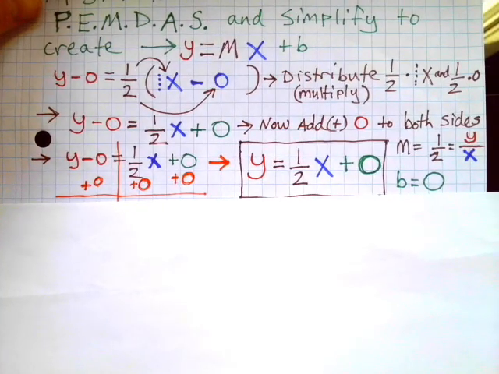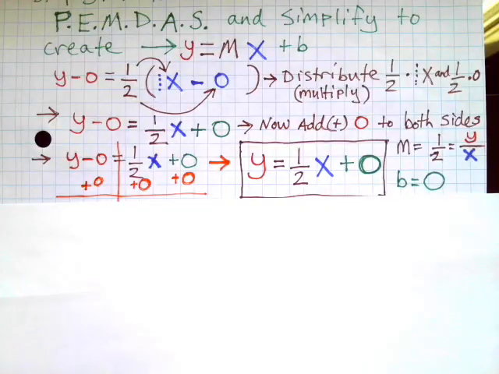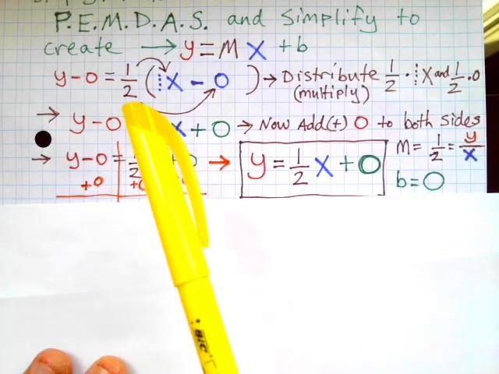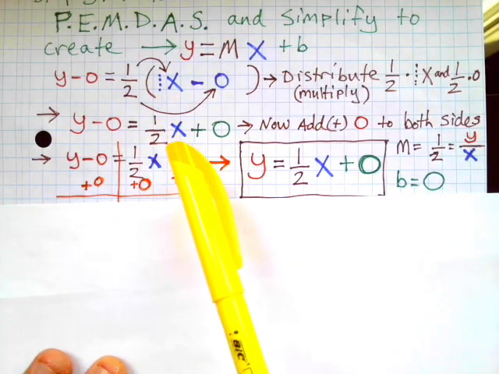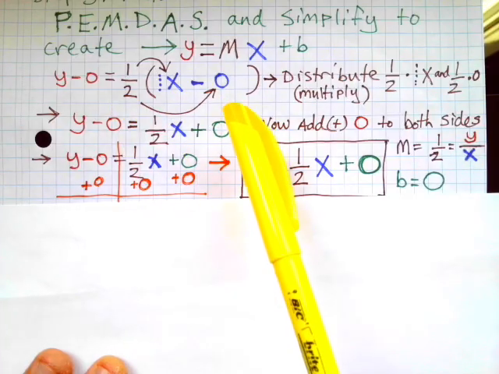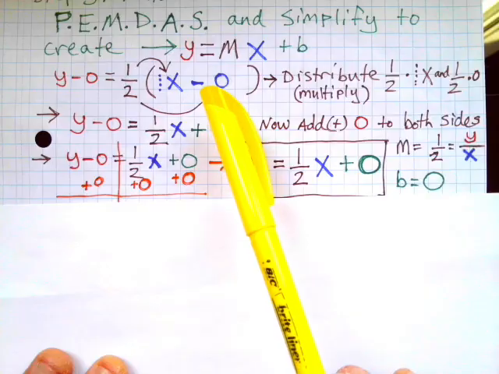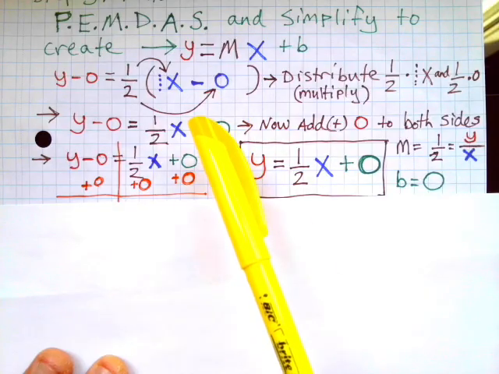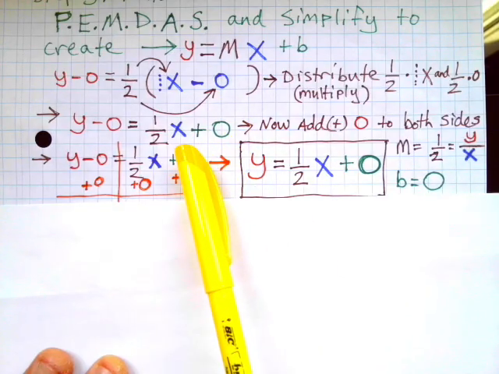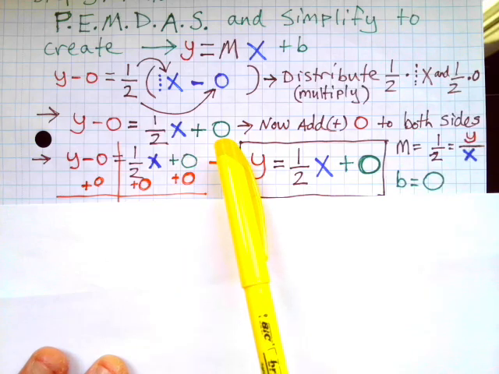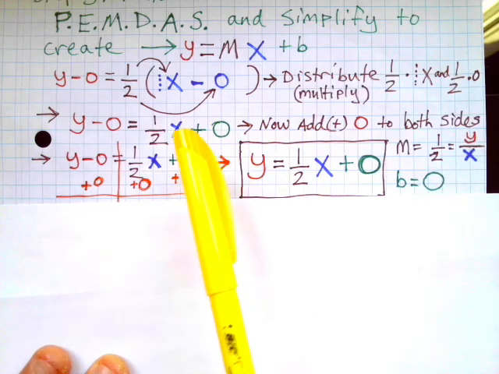And I want to take this step by step. So 1/2 times 1 is 1/2 x. 1/2 times 0 is 0. Okay, 0 plus 0 minus 0 is just 0. You don't even have to include it, but I am including it here for instructional purposes.